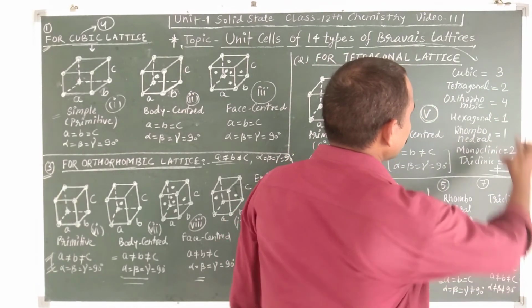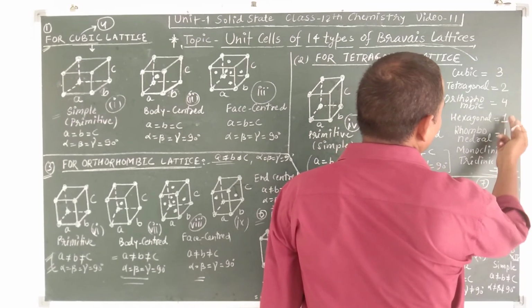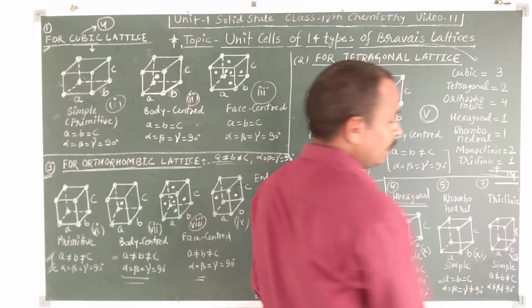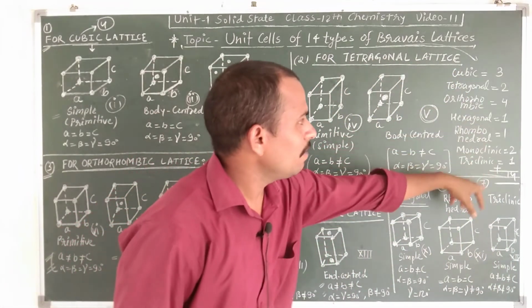Adding these variations, 3 plus 2 is 5, 9, 10, 11, 12 and 2 more is 14. So that is 14 Bravais lattices.